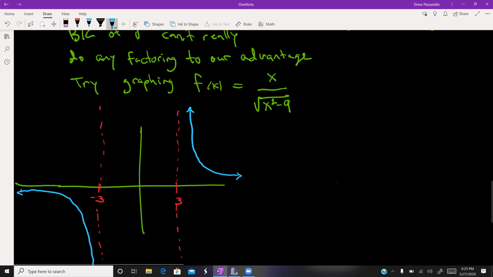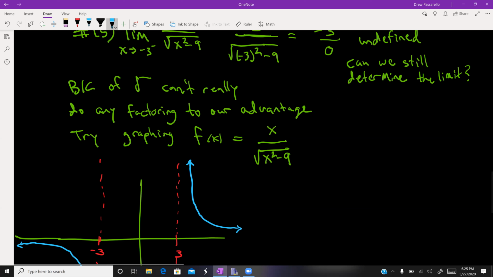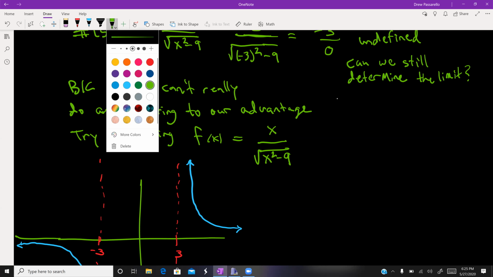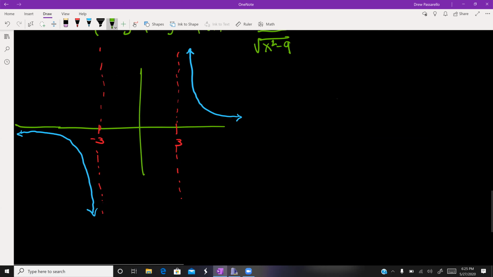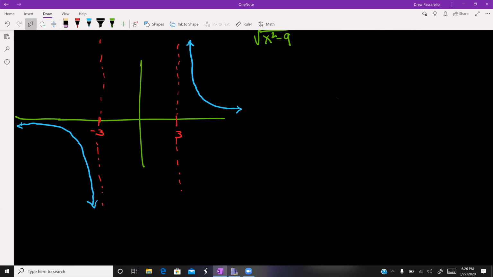Now we can look at the graph and answer what the limit is as x approaches -3 from the left side. From its graph, as x approaches -3 from the left, the y coordinates go down, the graph goes down to -infinity.